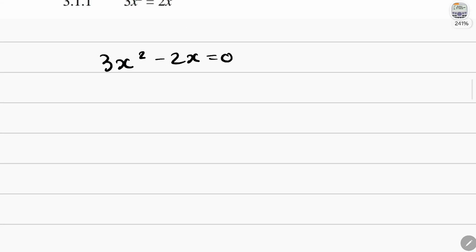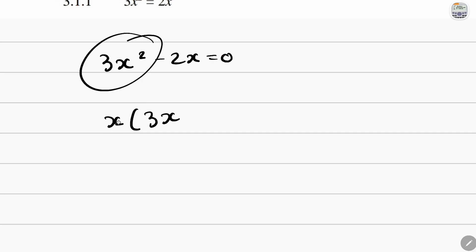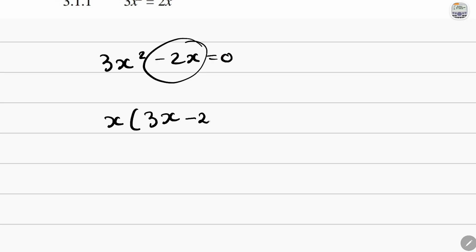Okay, now do you see that you have 2 terms, and we have a common factor. So we're going to take x out as a common factor, and what are we left with in the first term? So 3x would be left, okay, because you would multiply x by 3x to get back to 3x squared. And then what you have left in the second term, that will be minus 2 is equal to 0.